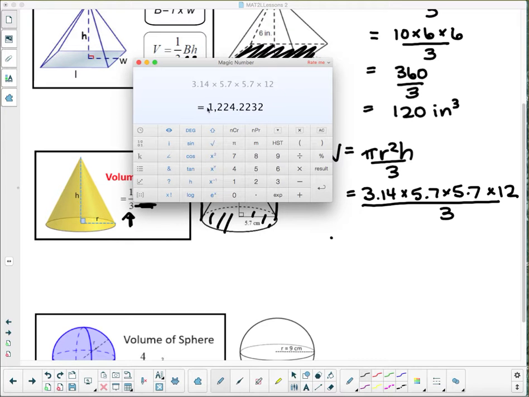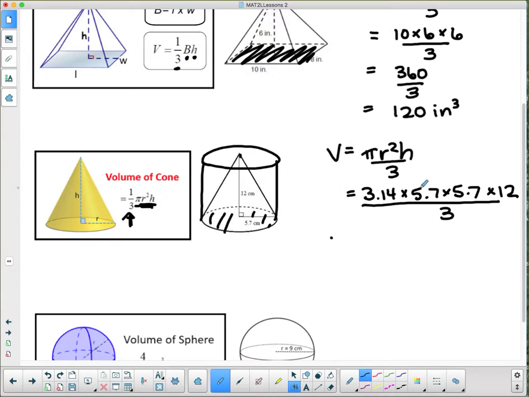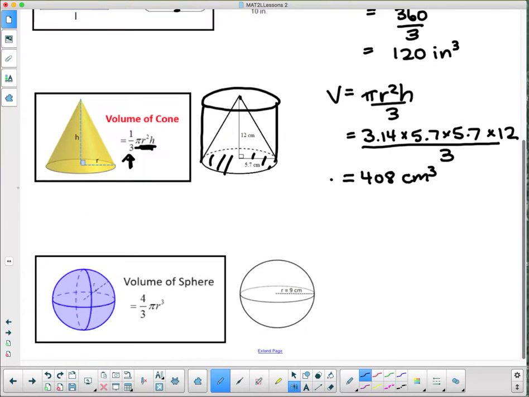Equals, and now I have to take that answer and divide it by 3. And we got 408 approximately. So we'll say equals 408, and it's cubic centimeters. Remember, when we're talking about volume, it's 3-dimensional.